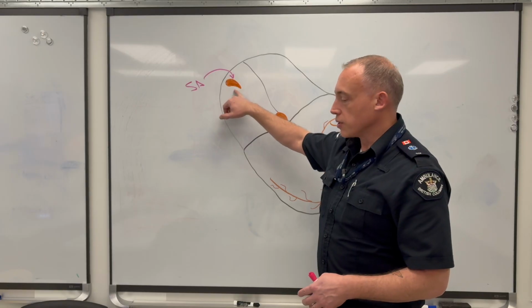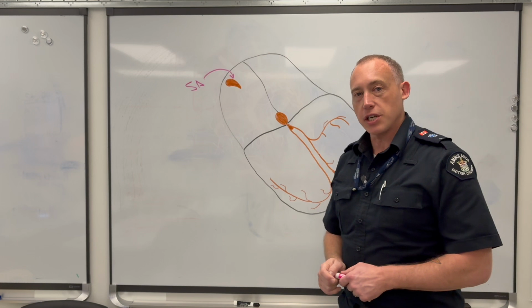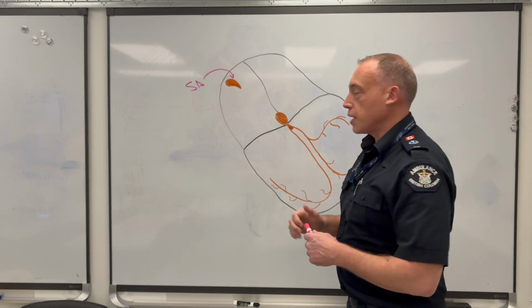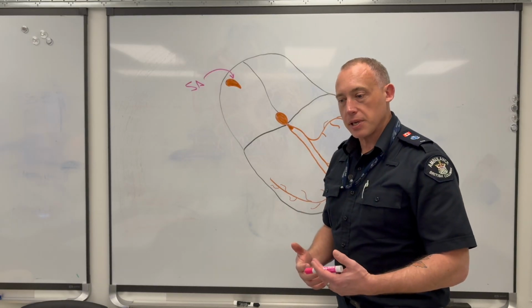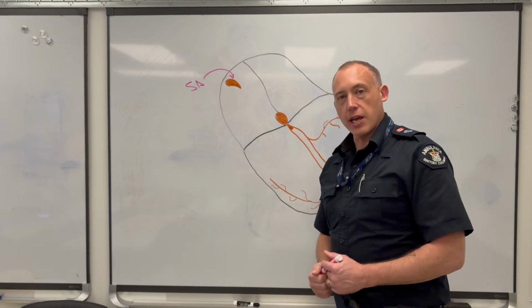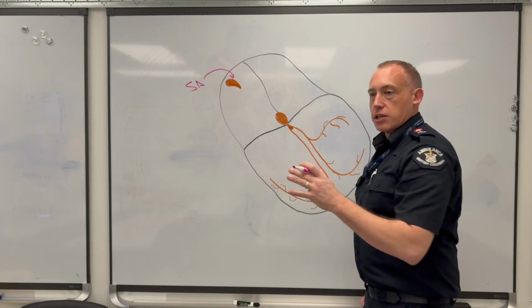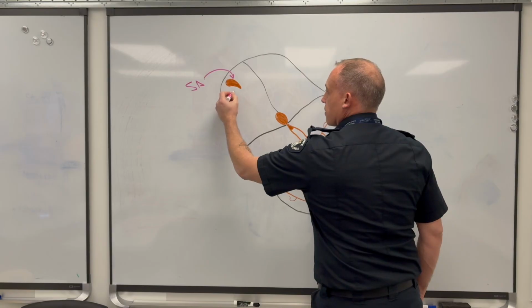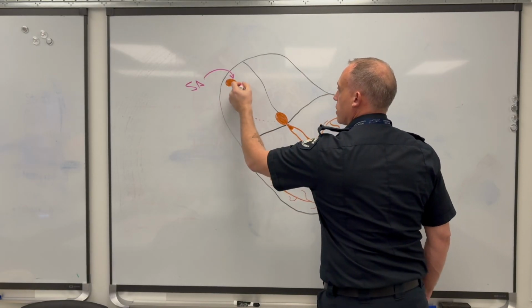So the sinoatrial node depolarizes on its own and then kicks off a wave of depolarization throughout the heart at 60 to 100 times a minute, depending on the person. When that depolarization happens, it's going to spread throughout the atria, through all of the muscle to cause contraction, but there can be some specific little routes that it takes to get down to the next node down here.